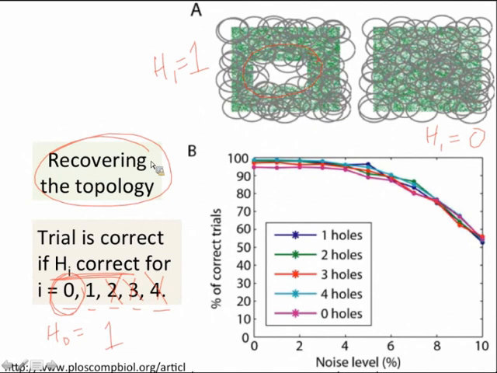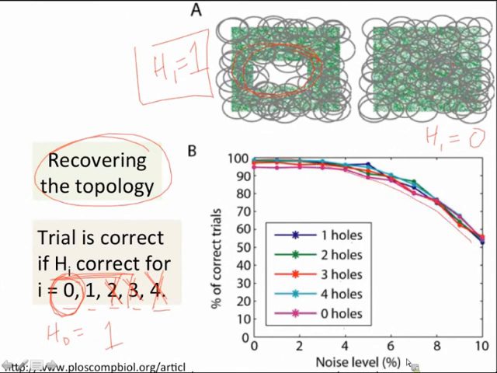As long as all of these are correct, so 0 for anything higher, 1 for H0, and the number of holes should give us our H1. We can see that it doesn't seem to matter whether we've got 1 hole, 2 holes, 3 holes, 4 holes, or no holes. It's pretty equally as good.